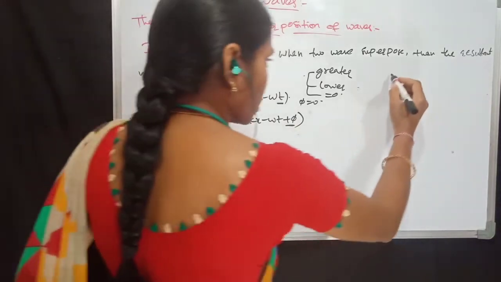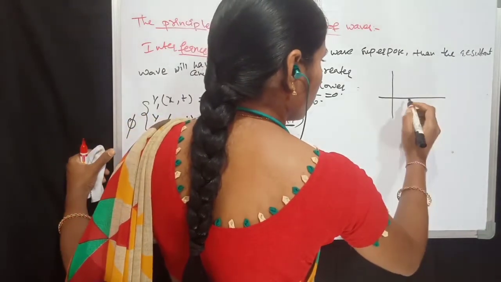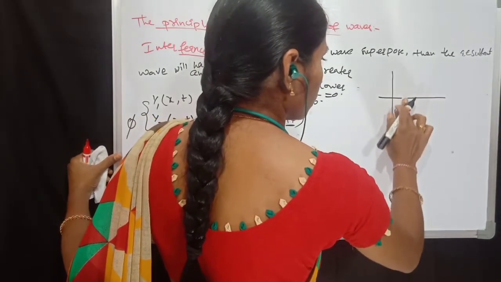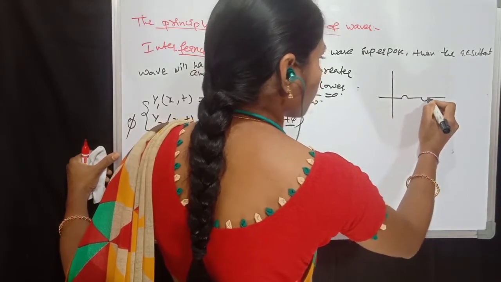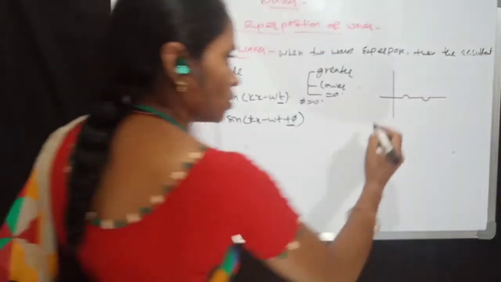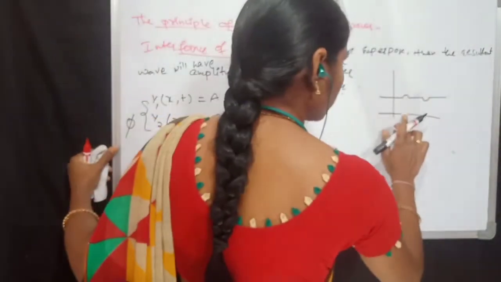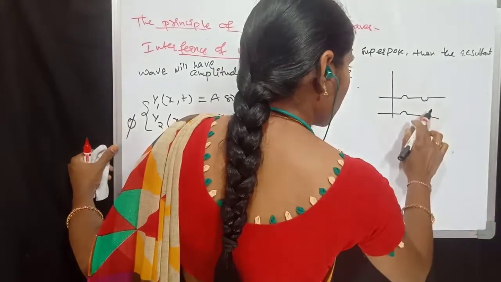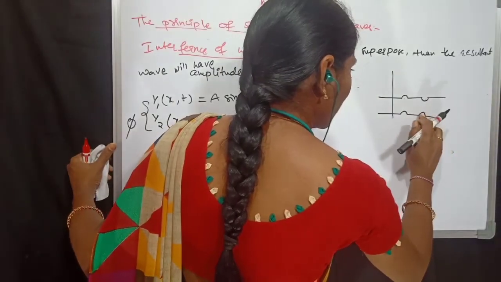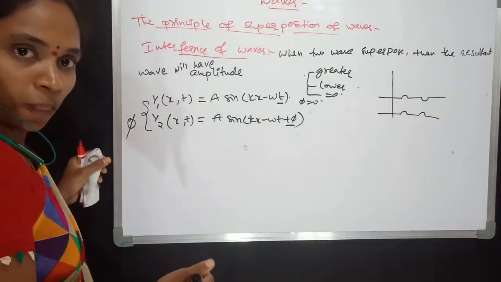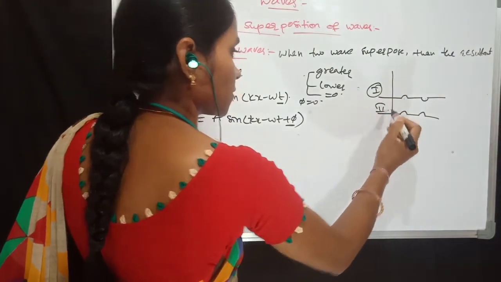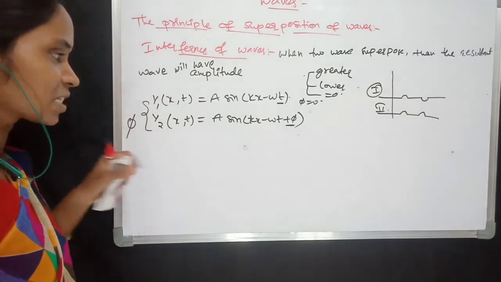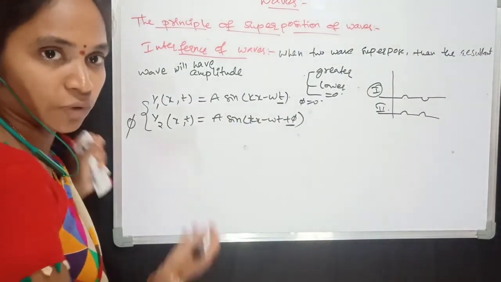That means these two waves superimposing each other might have two different phases or might have two equal phases. Here we are going to discuss these two cases after deriving the resultant displacement equation.